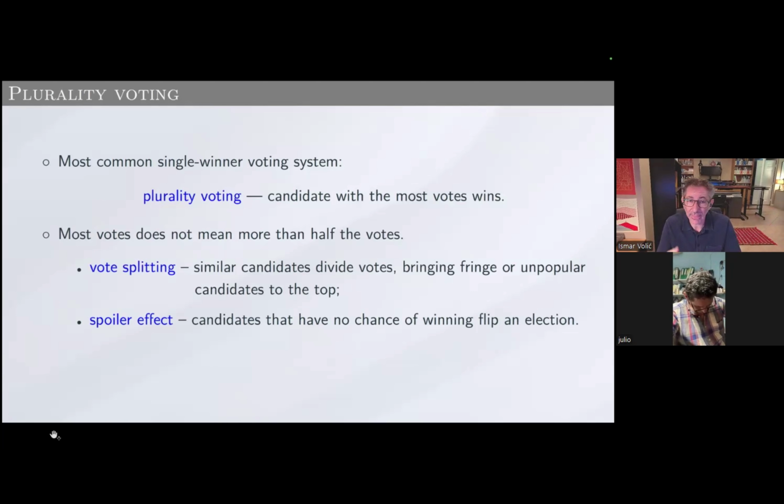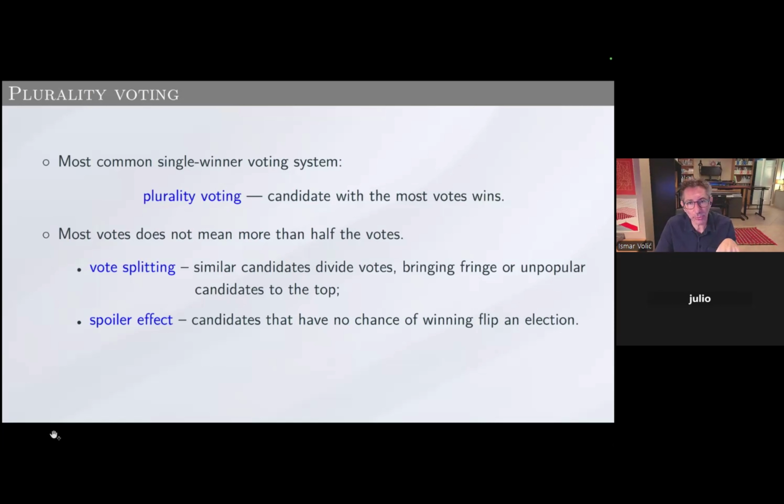And the other one is a little bit similar, the spoiler effect. And that is when a candidate who really doesn't have a chance of winning, an outside candidate, takes away enough votes from a major candidate, which allows another major candidate to win over this other candidate who's been spoiled. So those are just two obvious consequences. I'll give you some examples.